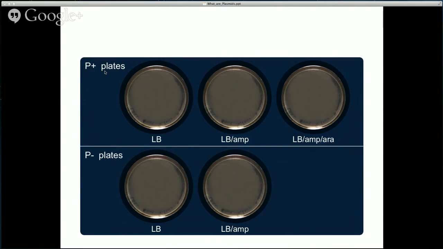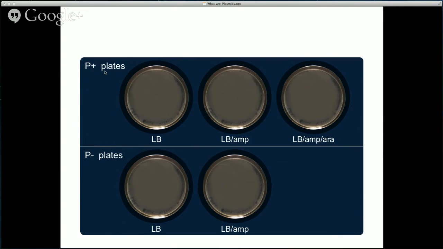In other words, we have successfully taken our GFP gene, or in this case RFP, and put it into the P-ERA gene, so it has an ampicillin resistance to it. And then we have successfully taken that DNA and put it into the bacteria, just like last week's natural transformation.